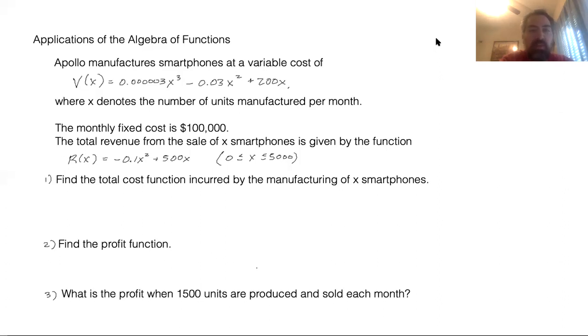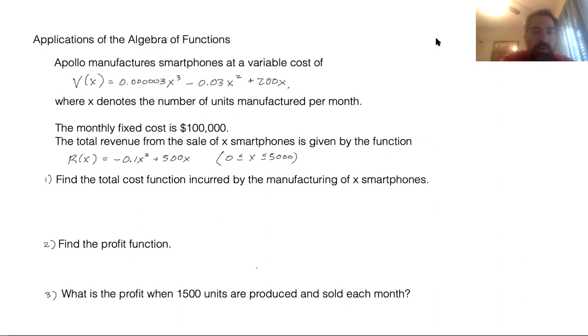X represents the number of units manufactured per month. Now, it's also given that the monthly fixed cost is $100,000, and the total revenue from the sale of X smartphones is given by the function R of X is equal to negative 0.1x squared plus 500x, and this is up to 5,000 smartphone sales.